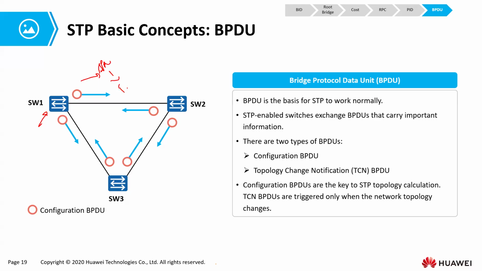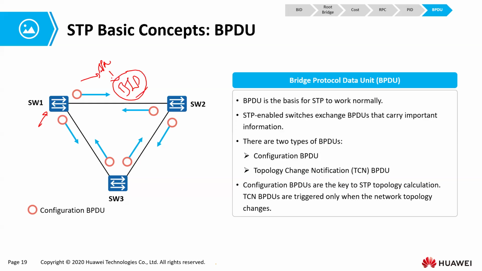Most importantly, my bridge ID is this. So every switch shares its bridge ID. By the election process, they compare the bridge IDs, and after comparing, choose the root bridge. So the BPDU is the packet which contains information in STP.